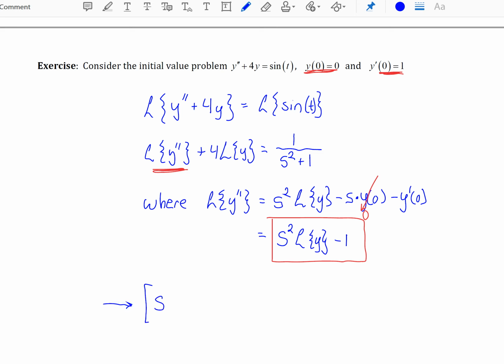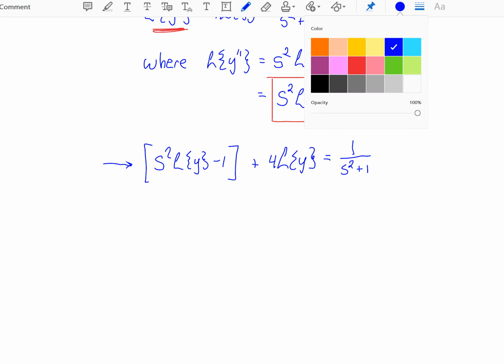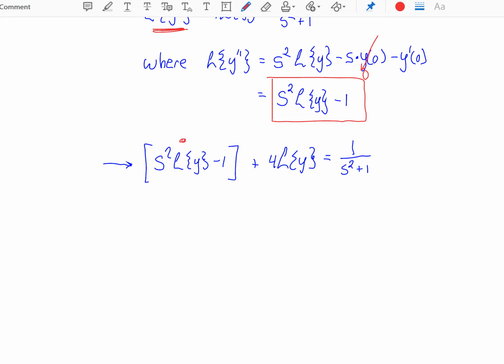So we'll have s squared Laplace of y minus 1 plus 4 times Laplace of y, and this will equal 1 over s squared plus 1. Now we would like to get all of the terms involving the Laplace of y, which is this one and this one, on the left-hand side of our equation.